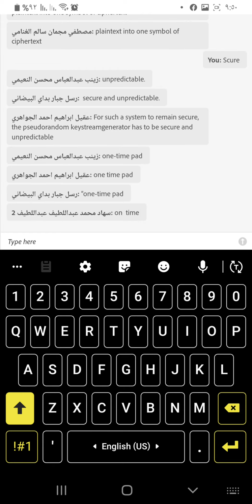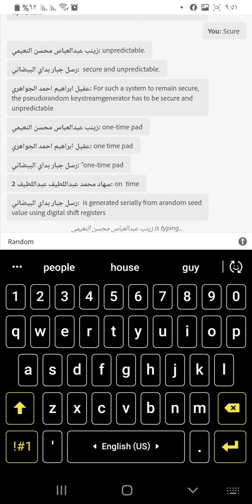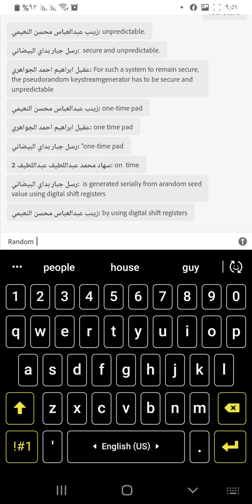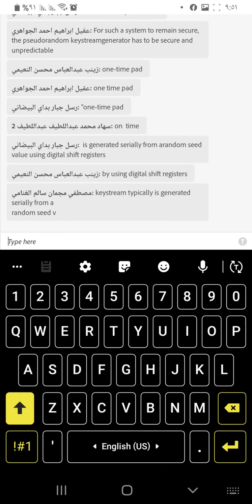How is the pseudo-random key stream typically generated? Yes, that's right. Russell Jabbar, it is generated serially from a random seed value using digital shift registers. So what is the key here?